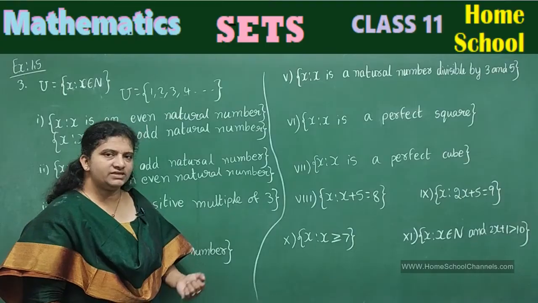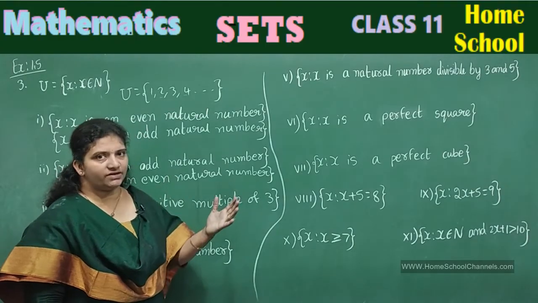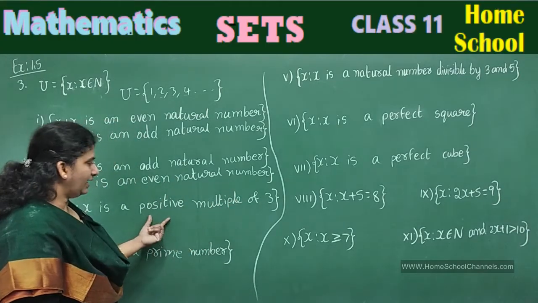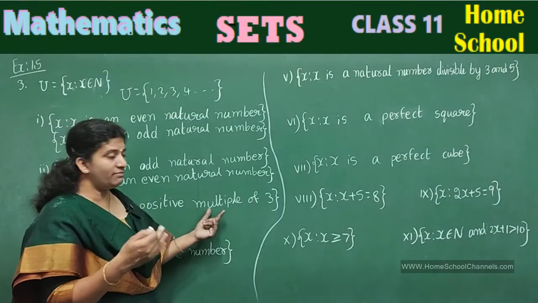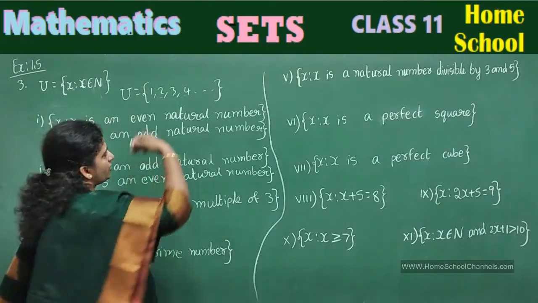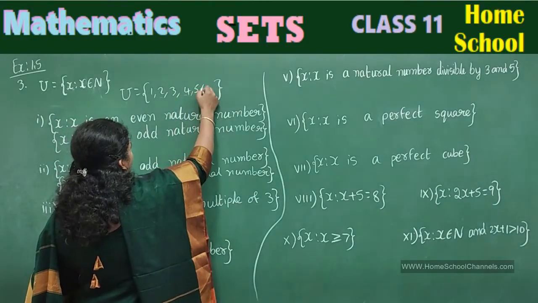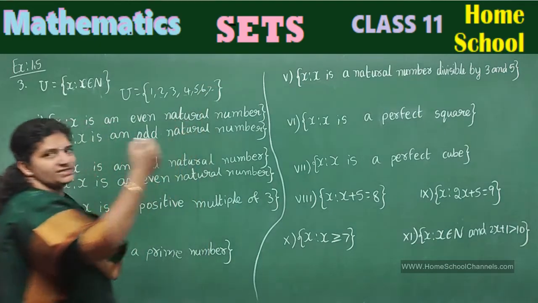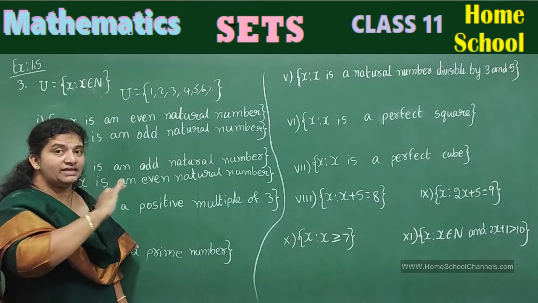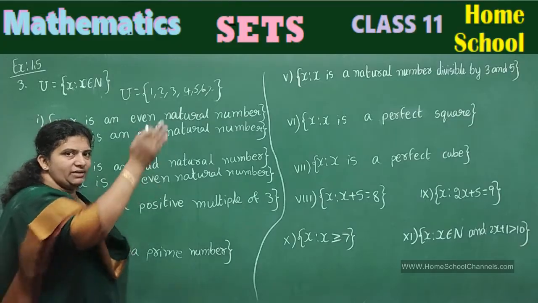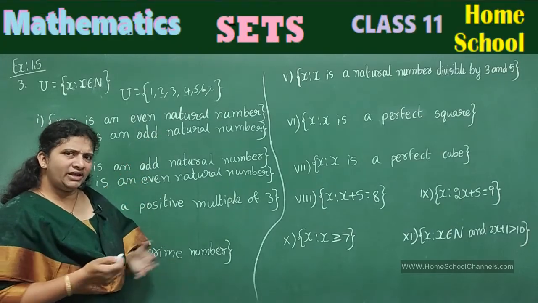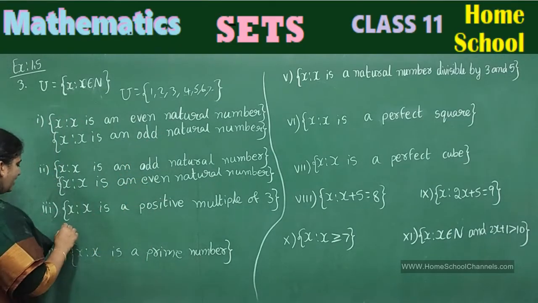Third one. Set of all x such that x is a positive multiple of 3. Natural numbers means we will be having only positive numbers, and in that, other than the positive multiples of 3. Positive multiples of 3 means what you can say? 3, 6, 9, these all. Other than these numbers, write the remaining numbers. How can we write that?